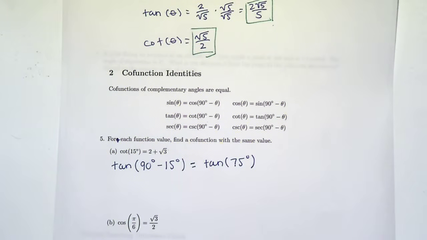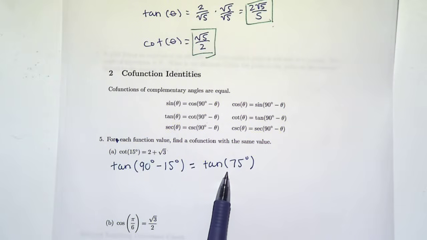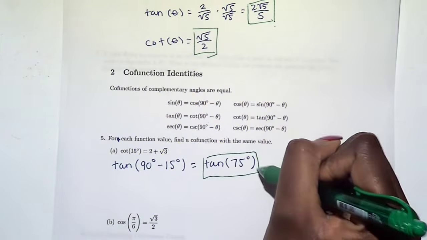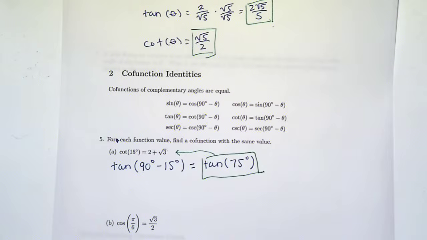So we just discovered that cotangent of 15 degrees is the same as tangent of 75 degrees. So this has the same value as what was up here, 2 plus √3.